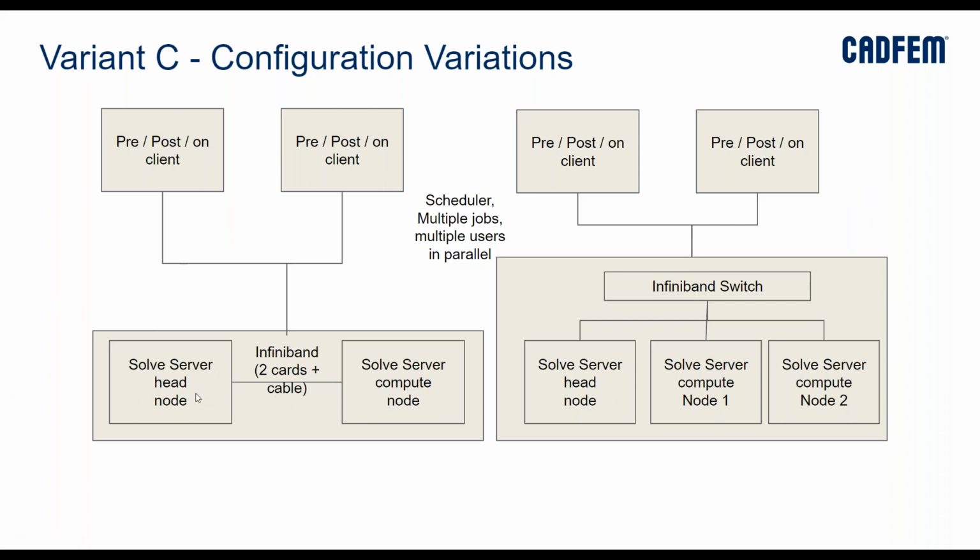Basically what you need then is an InfiniBand cable and two InfiniBand cards, and you can connect them together that way. If you've got more than 2, then you need an InfiniBand switch, which will add quite a bit more cost to the setup, because the InfiniBand switches are not cheap, whereas the cards are relatively cheap. So you need the switch and 3 InfiniBand cards in the case of having 3 machines.